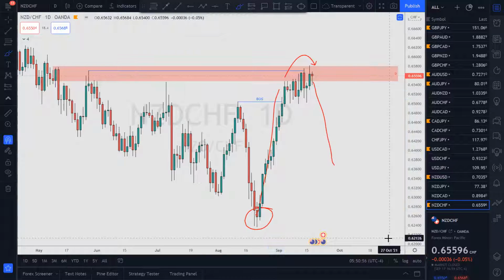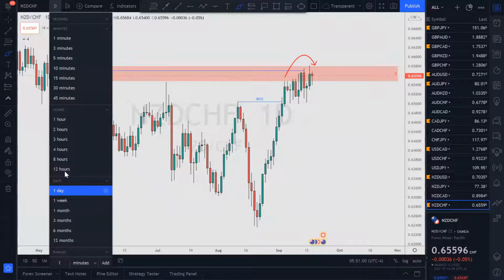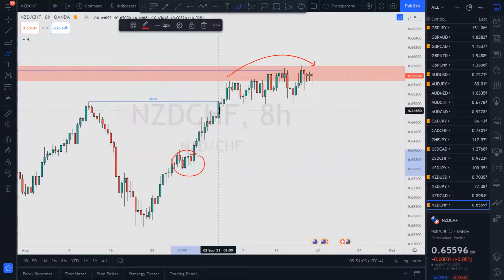You'd have to go down to the 8-hour time frame to see other possible turning points, potential places for price to turn. All right, got a bunch of CP patterns there. Got an order block down here.